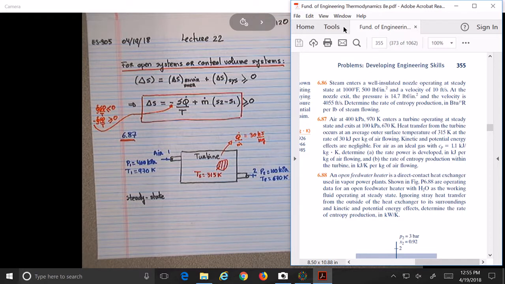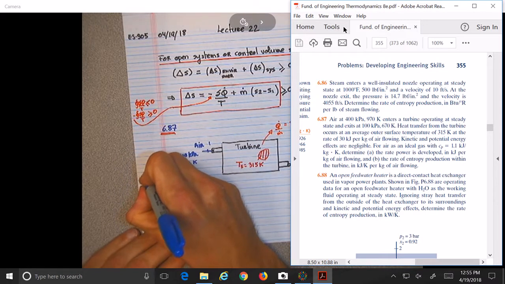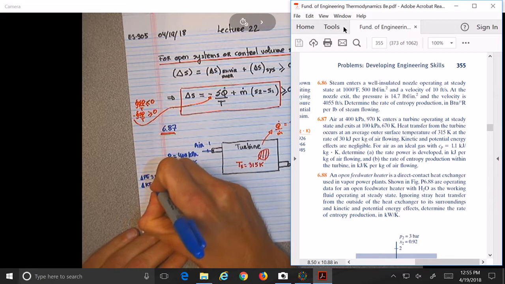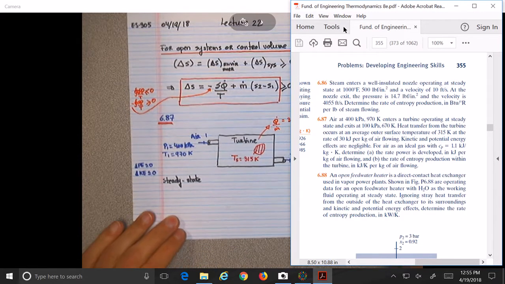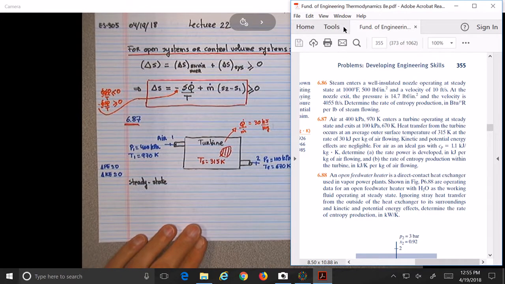Kinetic and potential energy effects are negligible. What does that mean? Their changes are equal to 0. Determine the power in kilojoules per kilogram.